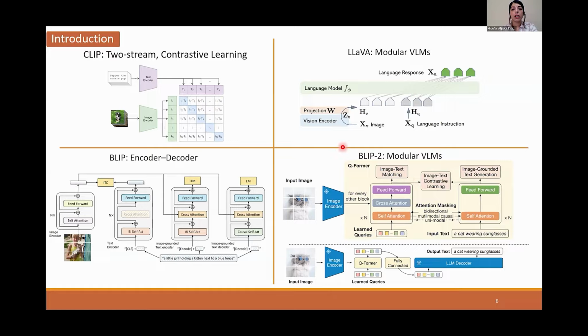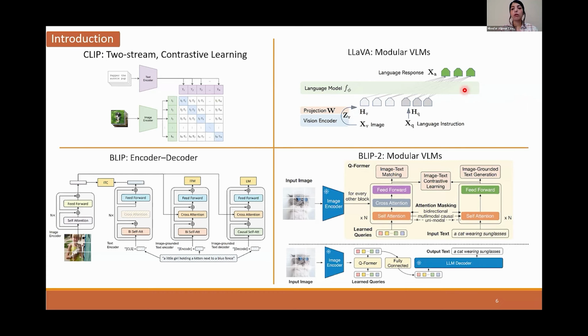But there are other kinds of VLMs, for example, LLaVA or BLIP version 2, where we have a frozen image encoder and also, for example, an LLM decoder, where the LLM is the brain in such VLMs.